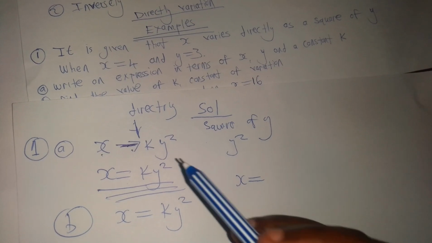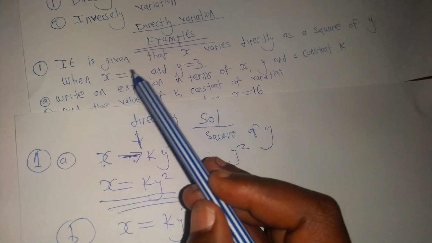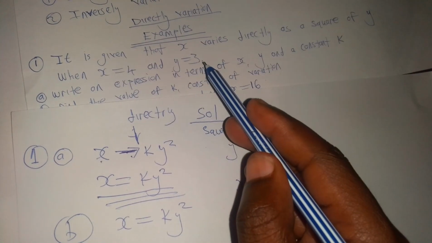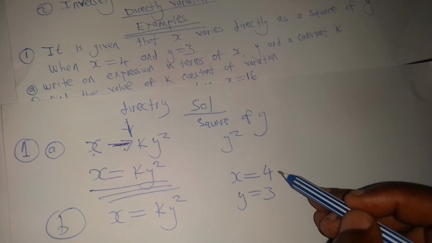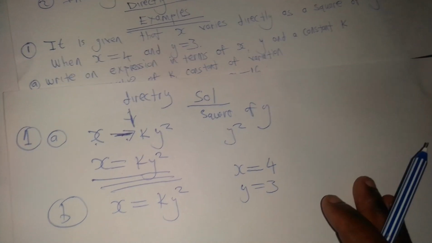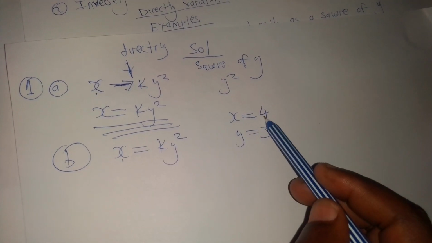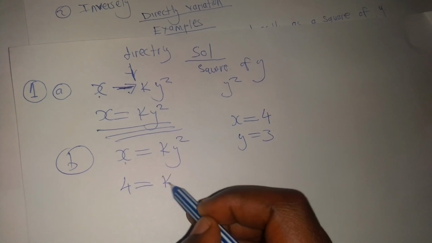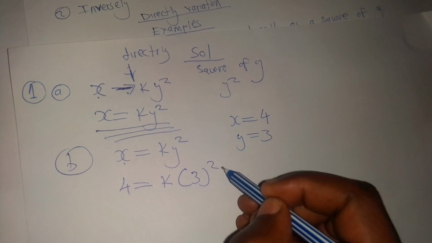When finding k, always use the first terms given in the sentence. They are saying x is 4 and y is 3. These first values are only used to find the value of k. That's all. So where there is x, we replace with 4. So we say 4 equals k times y, and our y is 3 power 2.